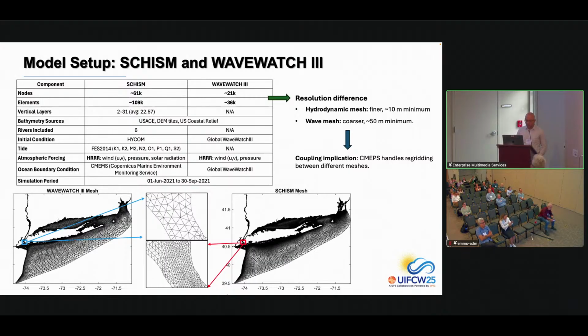On the left figure, we see the WaveWatch 3 mesh, and on the right, we see the SCHISM mesh. And in the middle, we see the differences between these two meshes. The middle top is for WaveWatch 3, which has a coarser mesh, and middle bottom is for SCHISM, which has much higher resolution.